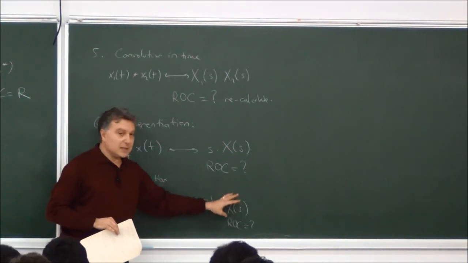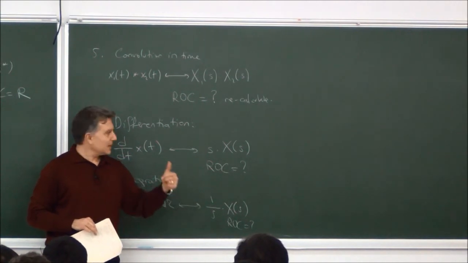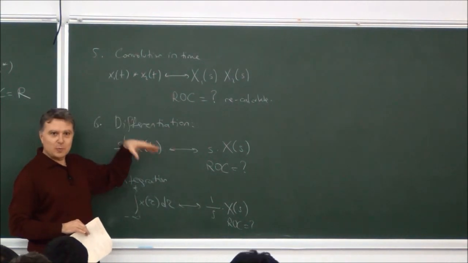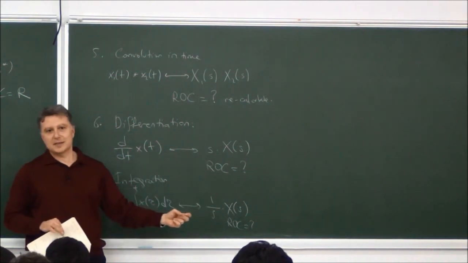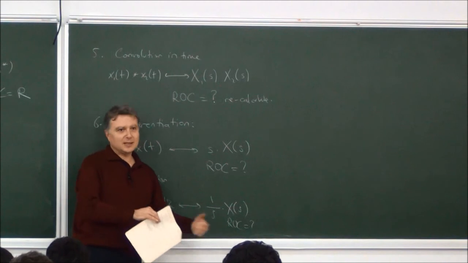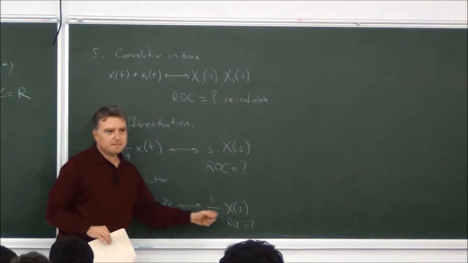Okay, that's what it is. Originally, if x of s is, for example, an all-pass system, like the example that I have erased, then it becomes an unstable system. Although it was previously all-pass, now it becomes unstable. So it depends on what you previously had, okay?